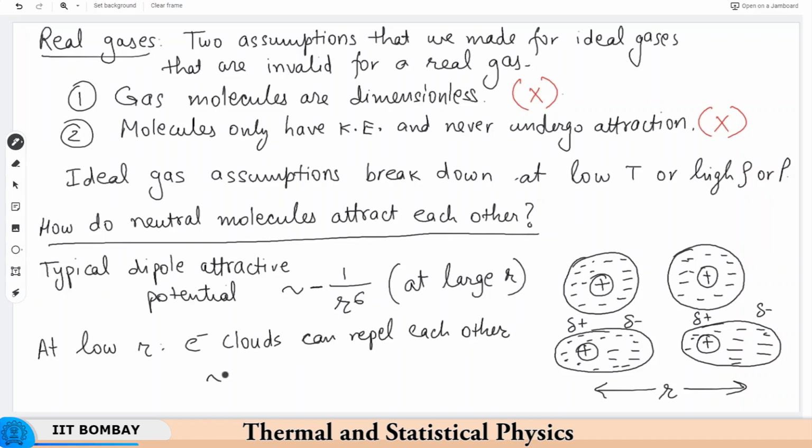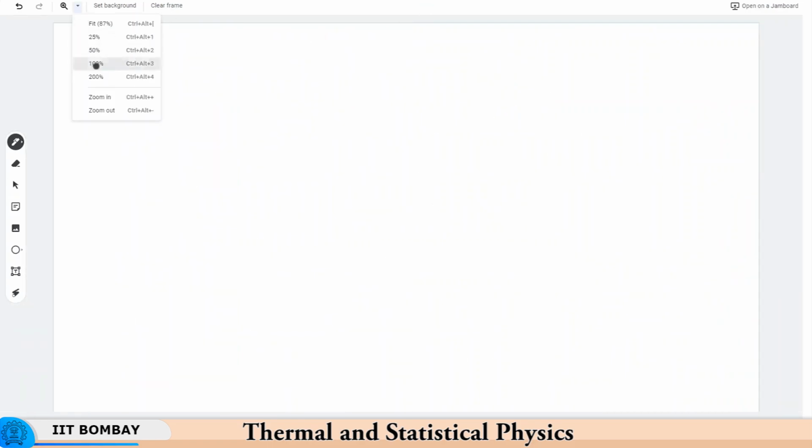I'll not go into details, but that repulsive interaction potential scales with inverse r raised to the power 12. So the net potential between these two molecules takes this typical form.